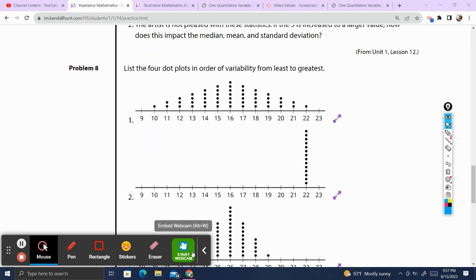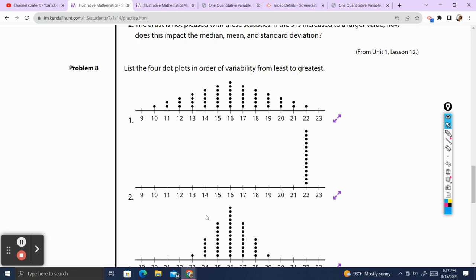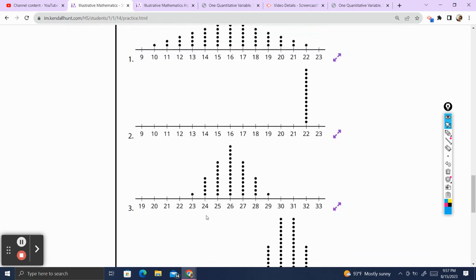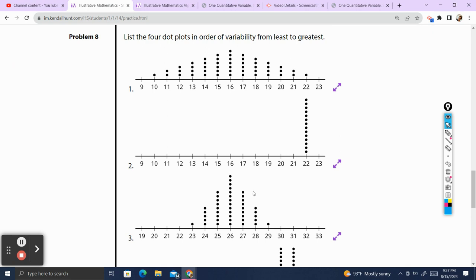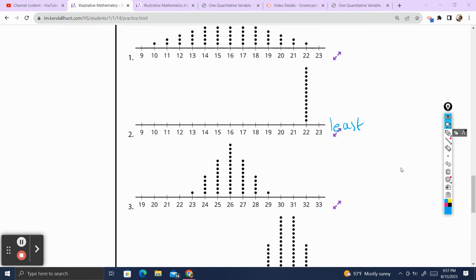Problem 8. List the 4 dot plots in order of variability from least to greatest. So we've got 4 dot plots. Well, the least variable is this one. The reason for this one being the least variable is because all of the data is the same. There is no variability.